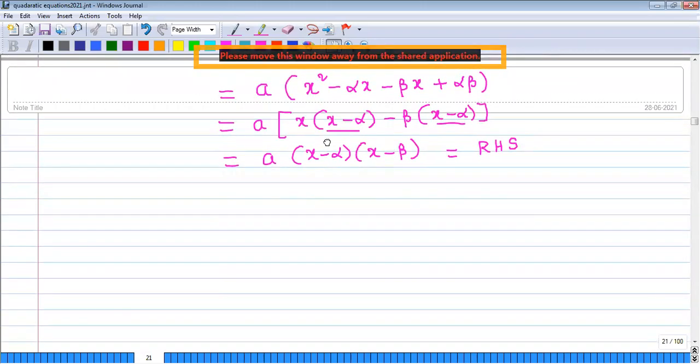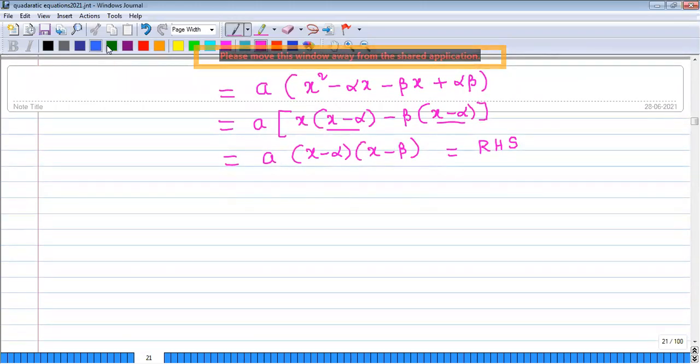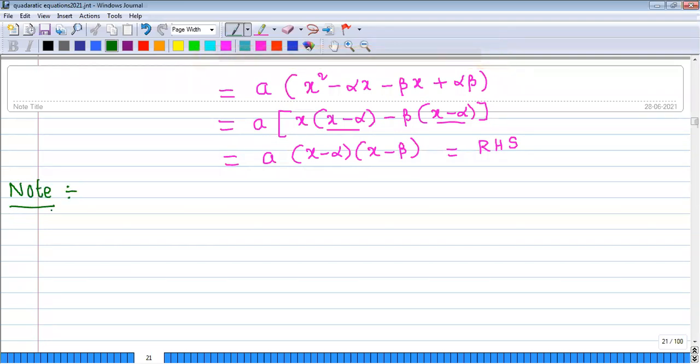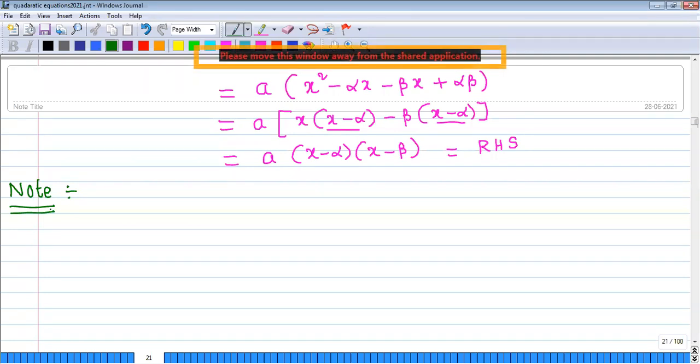So now, one more important note, write down all of you. This is a very, very important note. For example, if the roots of a quadratic equation are given, how could you find the quadratic equation? How could you frame or form a quadratic equation? That we need to address now.